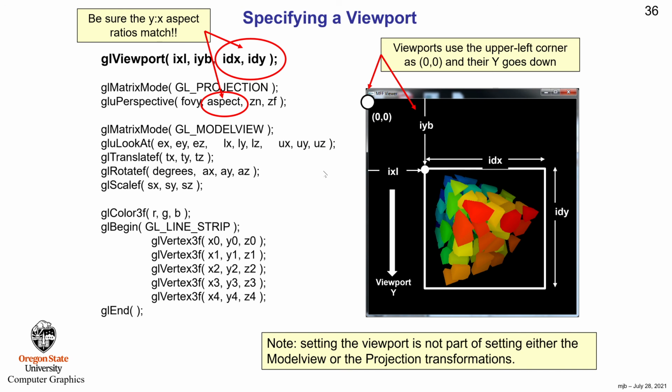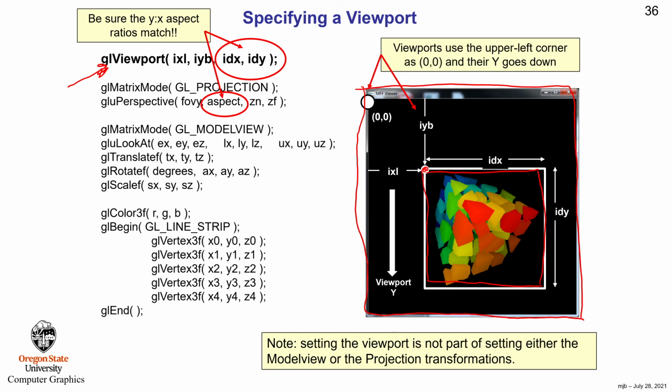Also, there is a function called GL viewport that you'll see in the sample code. And this is a way of restricting the drawing of an object to some sub portion of the window. So here is the whole window. You can see the little window title bar and all that, but I want to draw my graphic scene here.